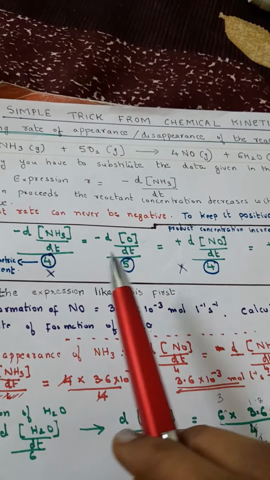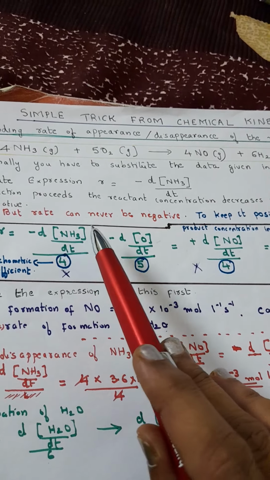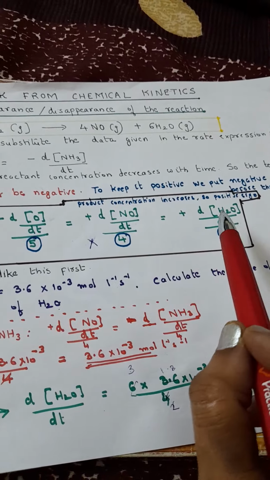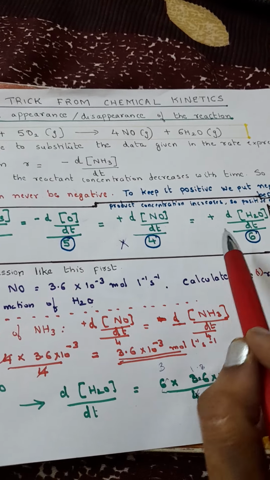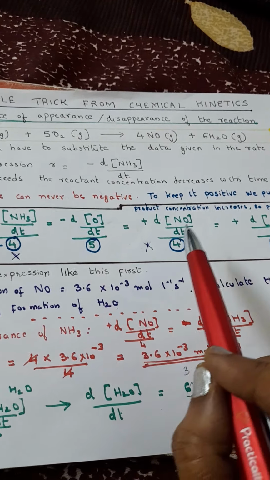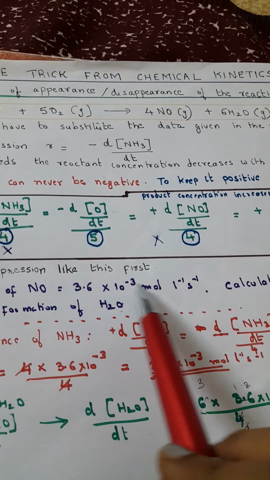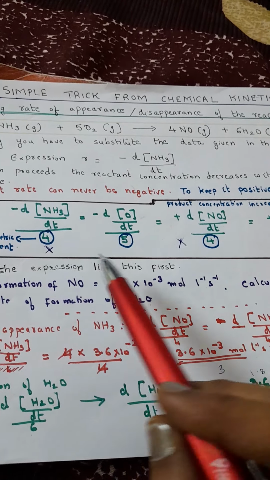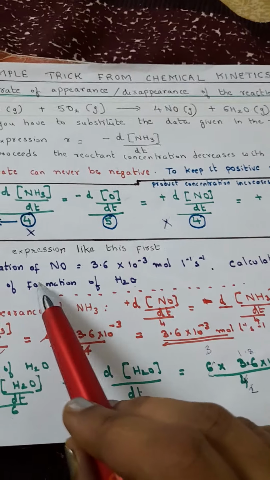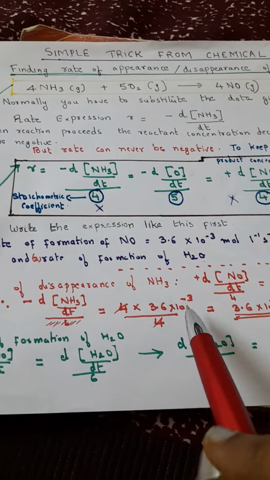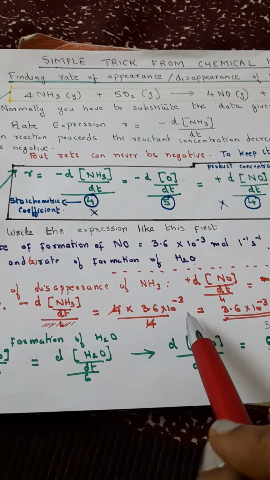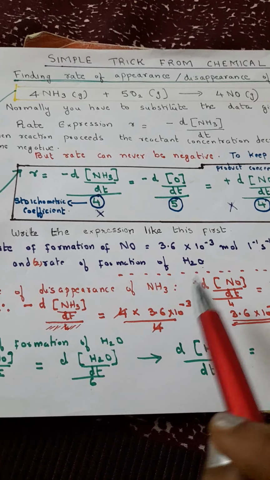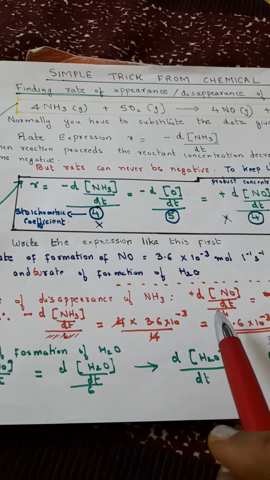If they give you the rate of formation of anything, like if it is given for water, then substitute the value for water. Now here the value for NO is given, so just substitute this value, then equal to, write whatever term you are asked to find out, then equate both the sides, then solve the equation and find out the answer. You can do it very fast, you know, with the calculations as well.